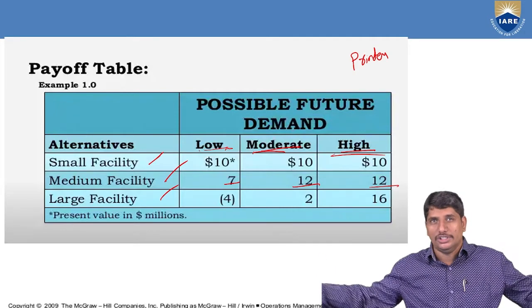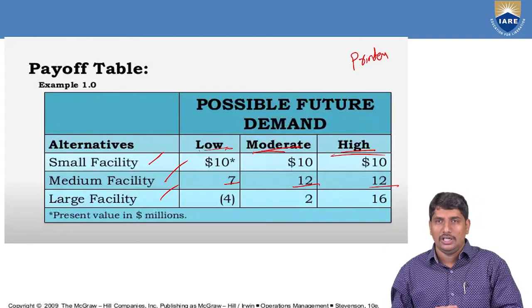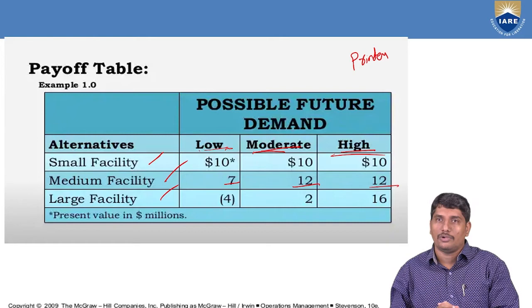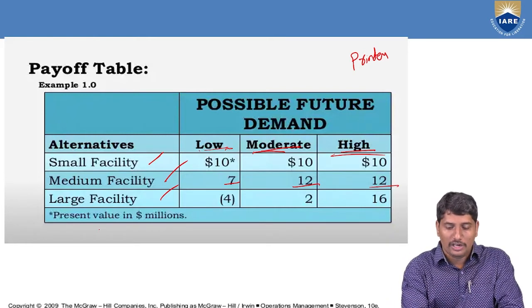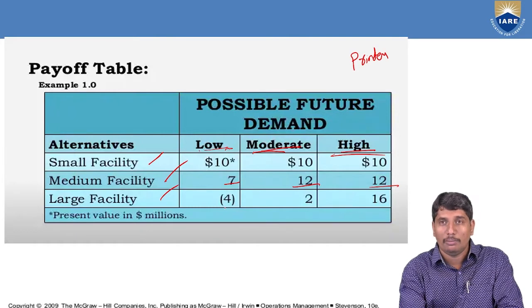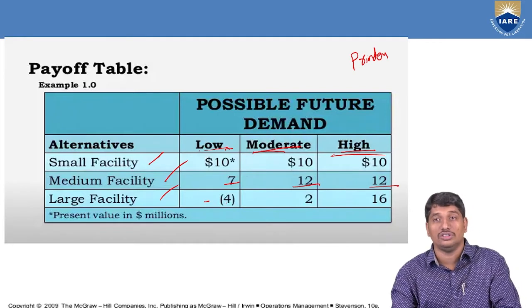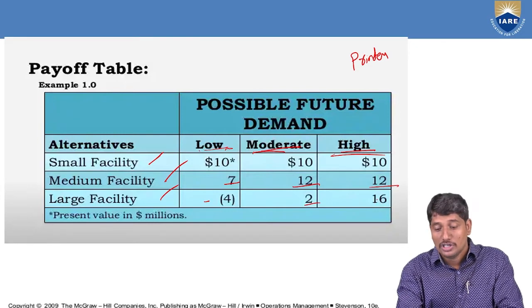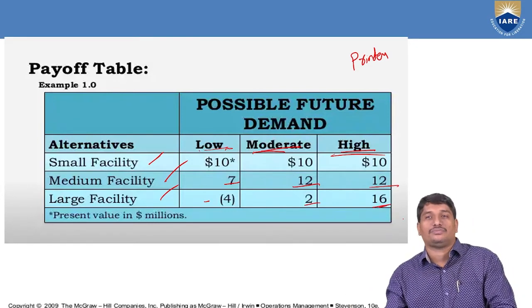When you have a big machine, for each small repair you have to invest a lot of money. For cartridges or whatever raw material you have to use, you have to spend more money. So with a large facility during the low demand season, that is in the summer, you have to face -$4 per day, in the moderate season you will get $2 profit, and in the high demand season you will get $16 profit.